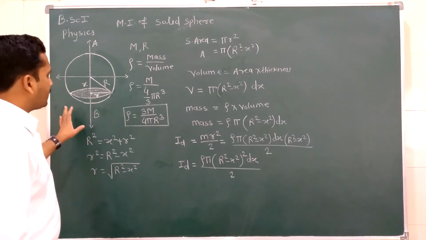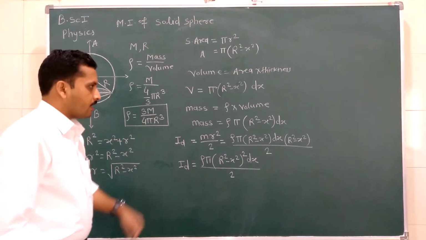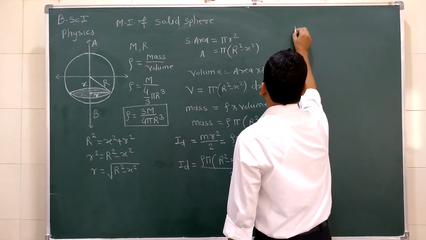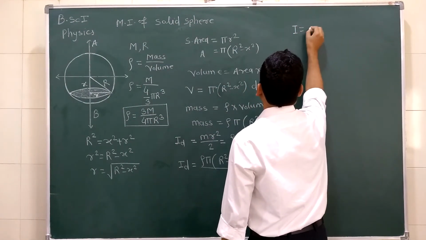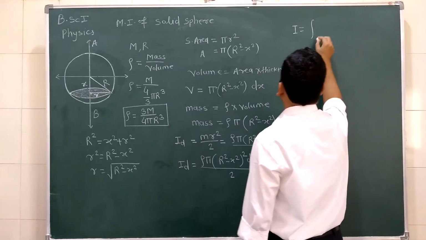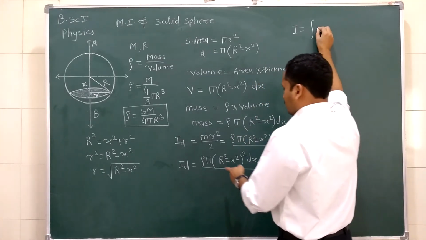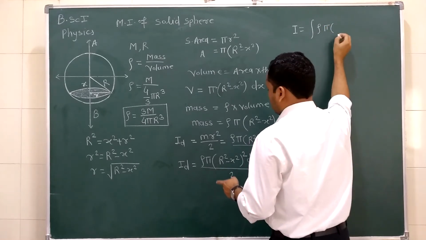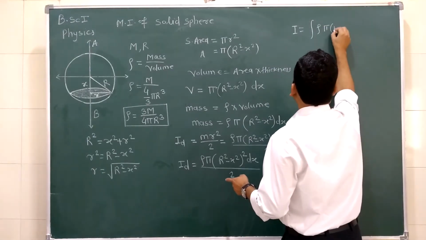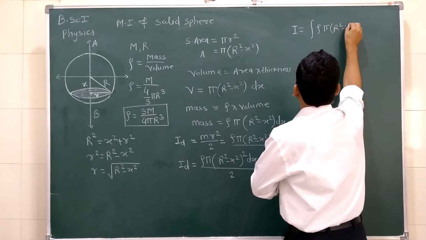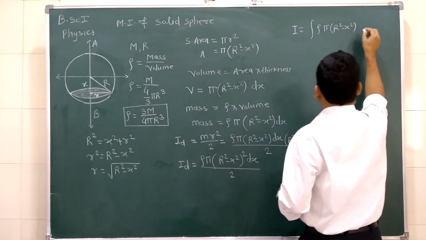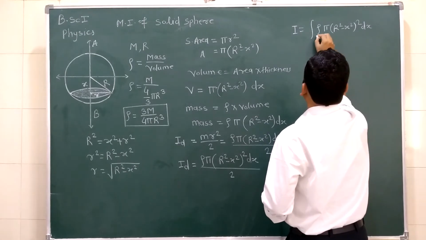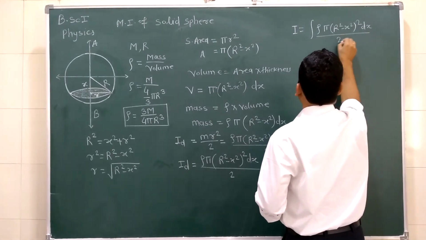Therefore we are going to integrate this equation. The moment of inertia of the solid sphere is equal to the integration of rho into pi into (R square minus x square) whole square multiplied by dx, divided by 2.